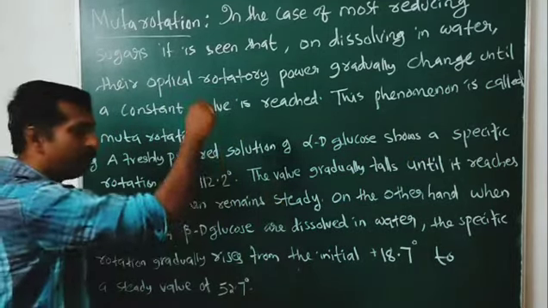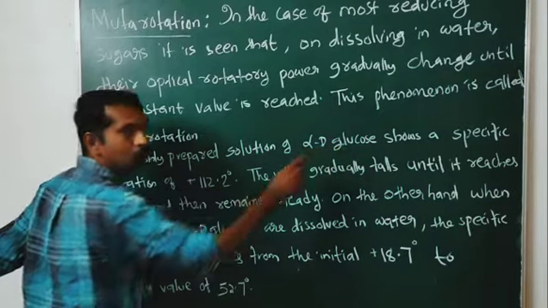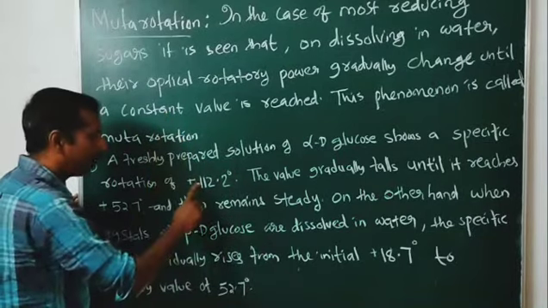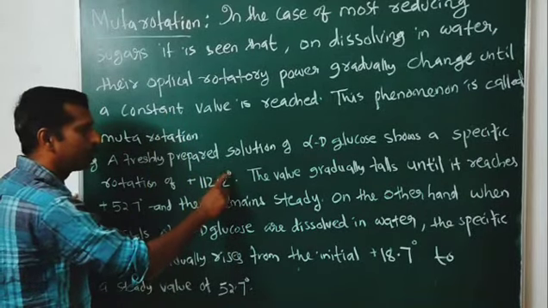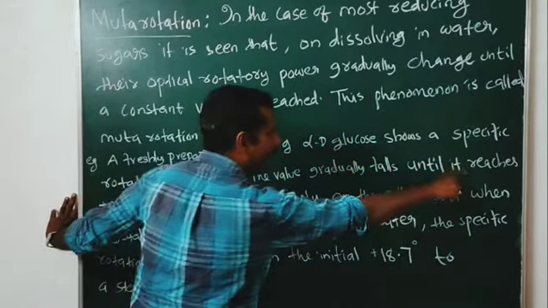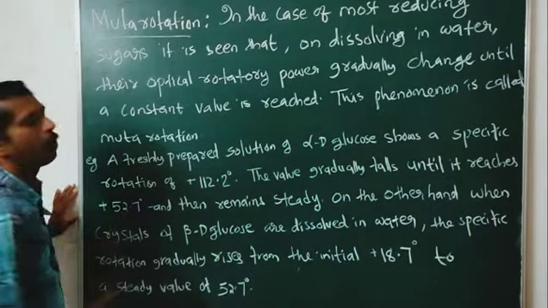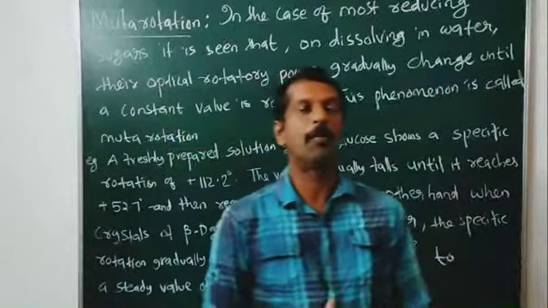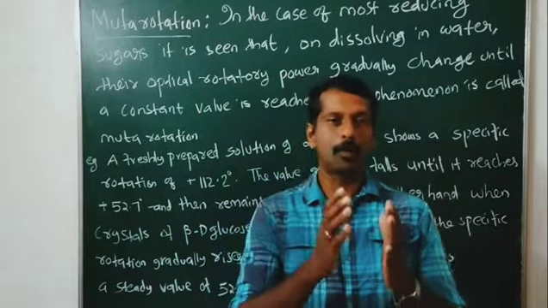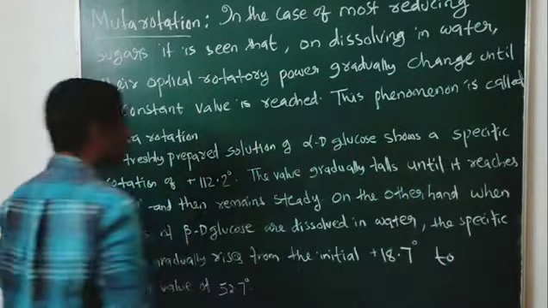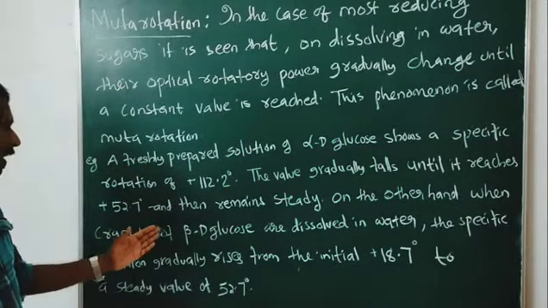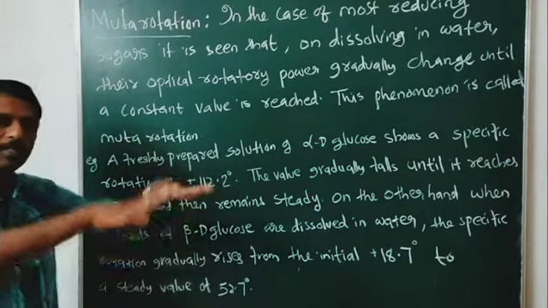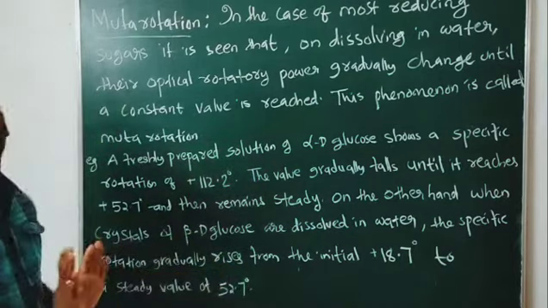That means when we dissolve alpha D glucose in water, its optical rotation decreases from plus 112.2 degree until it reaches plus 52.7 degree, and after that it remains steady at 52.7 degree.